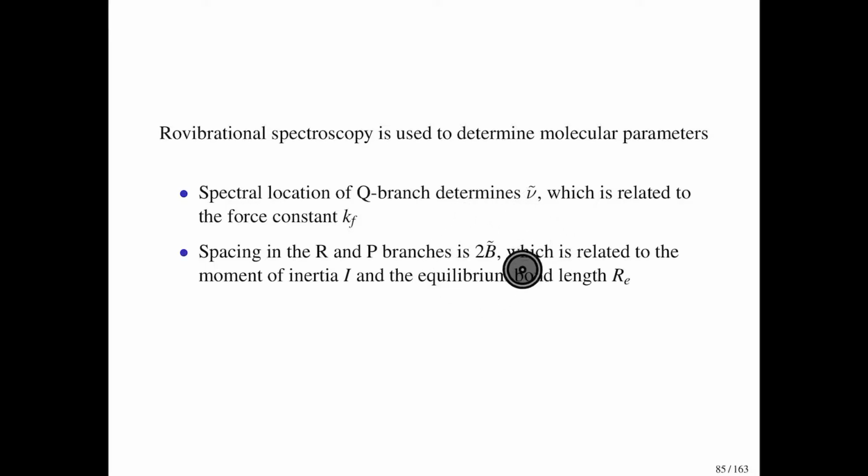And then, as we discussed in the microwave spectroscopy section, knowing the rotational constant allows you to calculate the moment of inertia, which in turn allows you to calculate the bond length. So you can use rovibrational spectroscopy to determine bond lengths and bond strengths of diatoms.